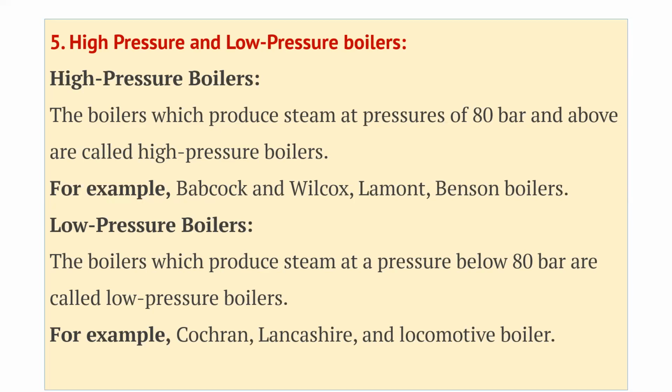But in some other school of thought, less than 10 bar you call low pressure boiler, more than 25 bar you call high pressure boiler, and in between 10 to 25 you may call it a medium pressure boiler.